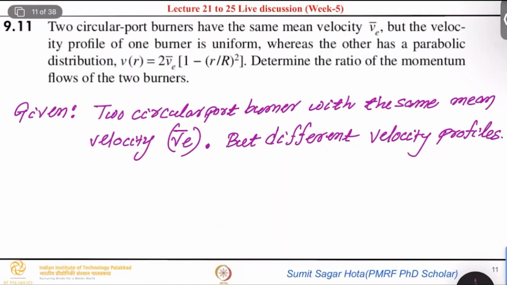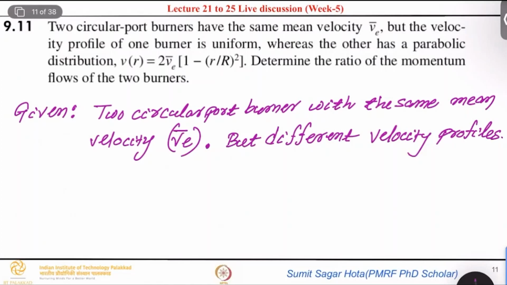So now here there are two cases. One is the top hat profile and another one is the parabolic profile.